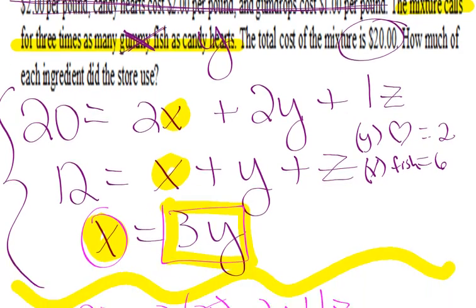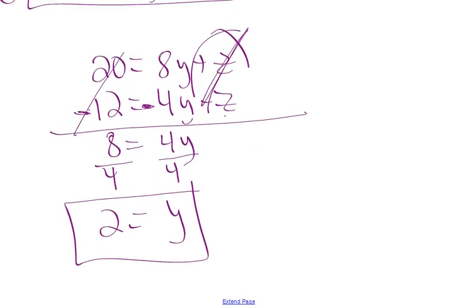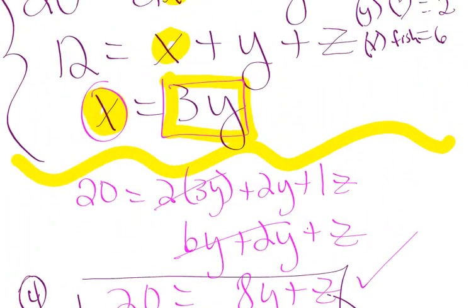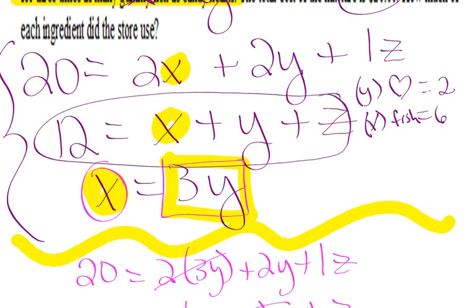So we could scroll through here and find an equation that has z equals something, but we don't have that, right? So let's just plug it into one of our original equations. How about this one here? 12 equals x plus y plus z. And let's solve for z. So we know that 12 equals x, which is 6, plus y, which is 2, plus z.